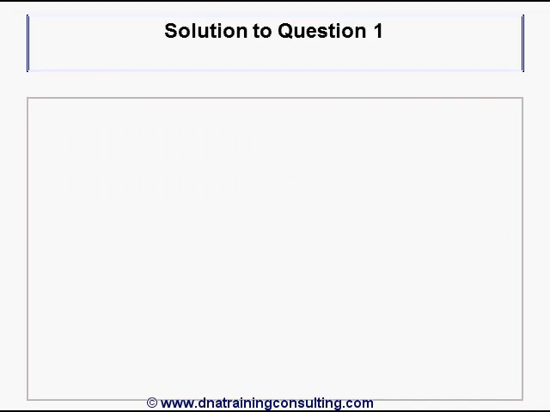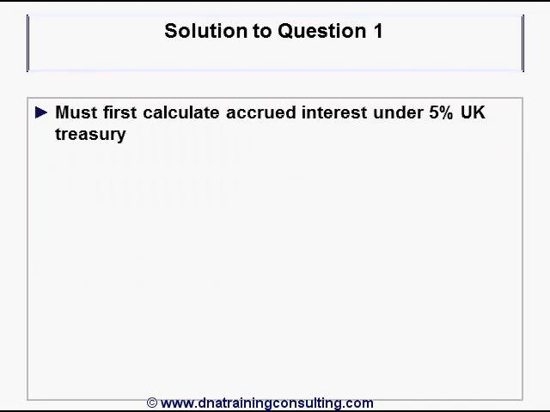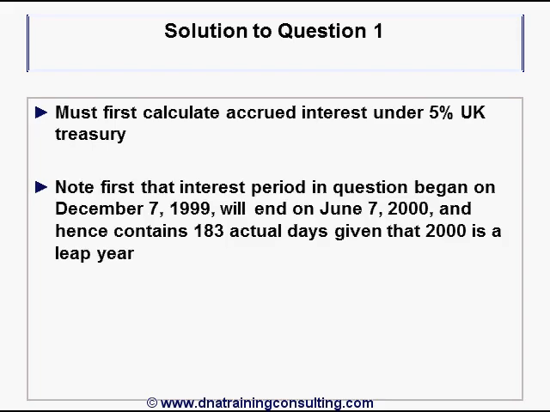Solution to question 1. We must first calculate the accrued interest under the 5% UK Treasury. We note first that the interest period in question began on December 7, 1999, will end on June 7, 2000, and hence contains 183 actual days, given that 2000 is a leap year.